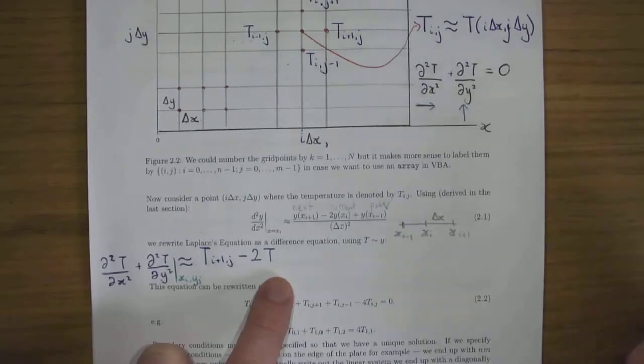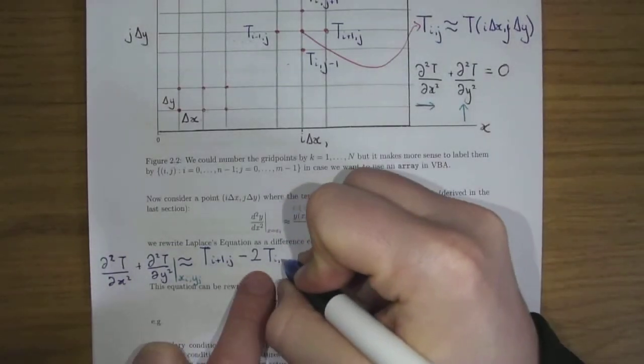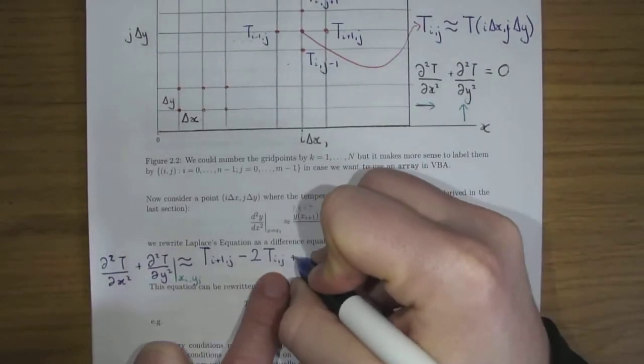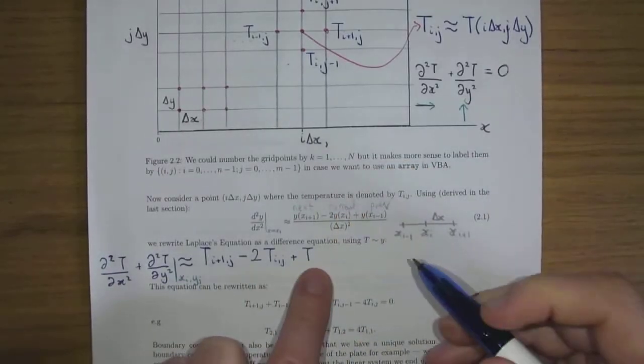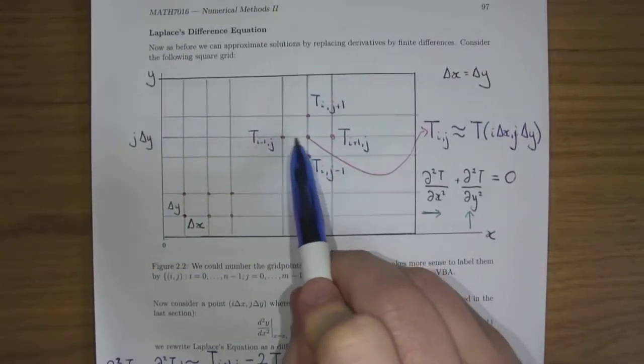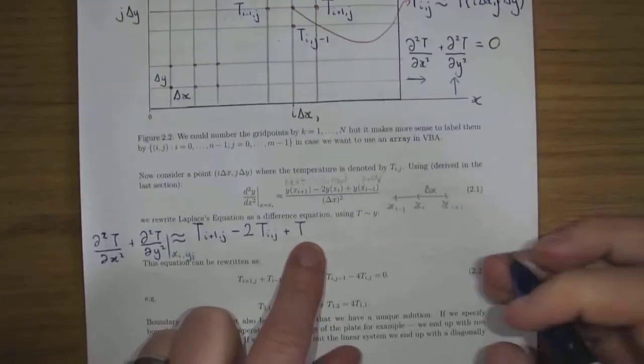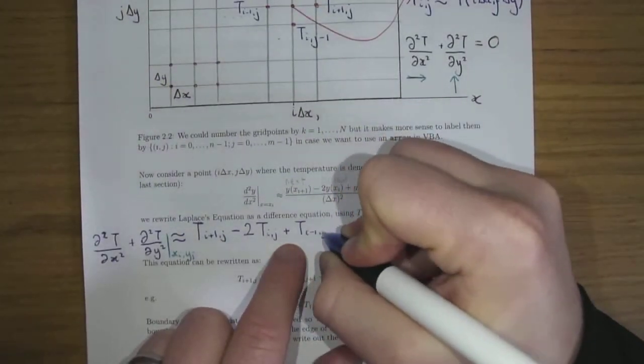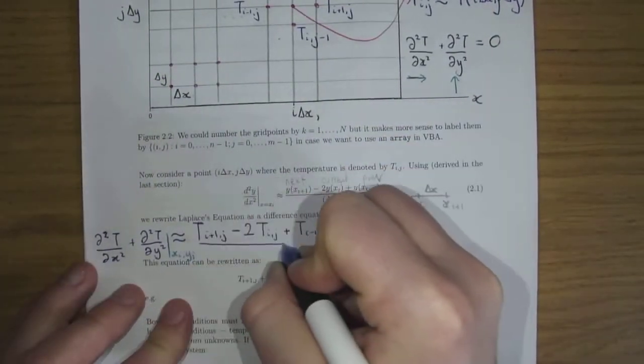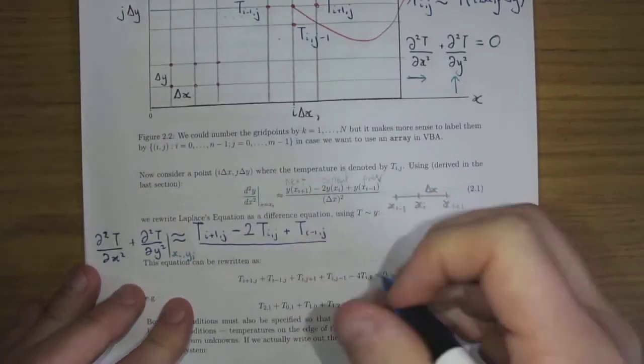That's the temperature where we are, which is just Ti,j, plus the temperature at the previous point in terms of x. So the previous point in terms of x is this one, Ti-1,j, divided by delta x squared.